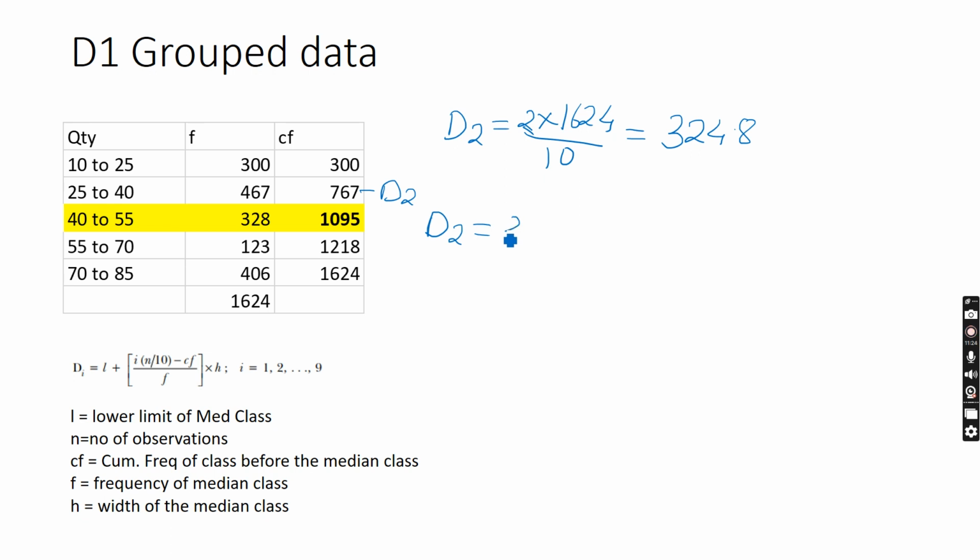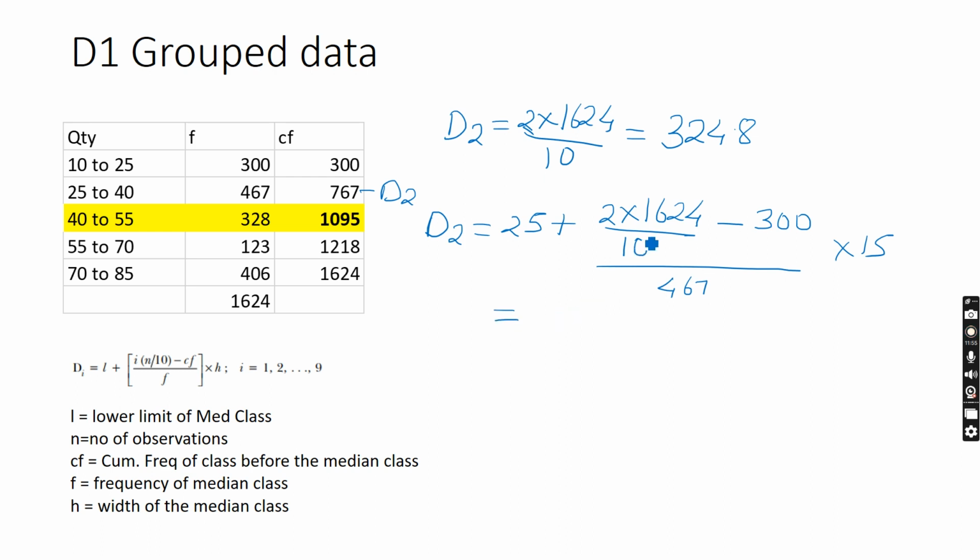So 25 is my lower limit, plus i into n, that is 2 multiplied by 1624 upon 10, minus cumulative frequency of the previous class, that is 300, divided by the frequency of the D2 class, which is 467, into 15.